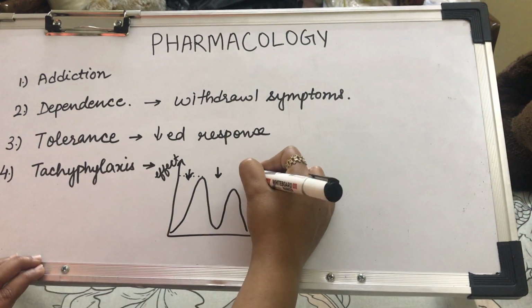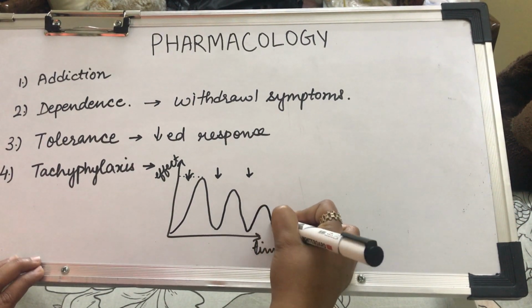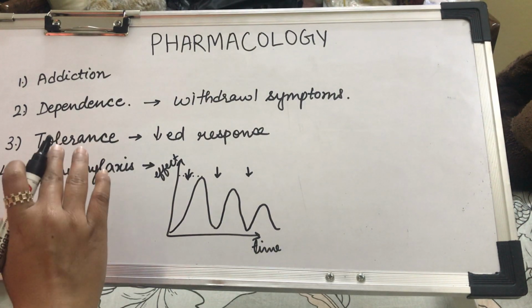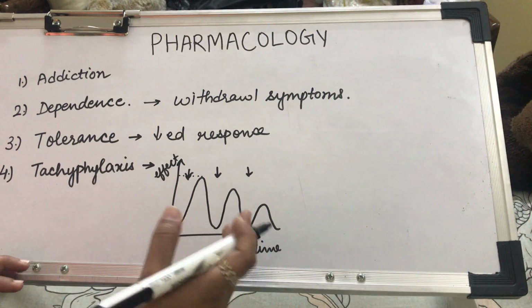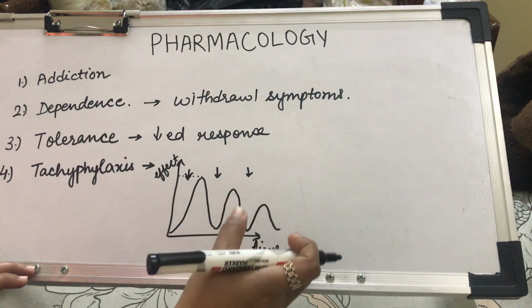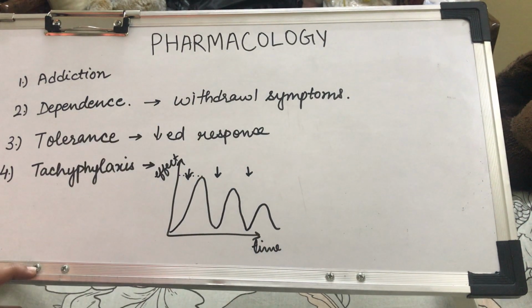Then you take the same amount of the dose, and your effect is further reduced. So the sudden decrease in response to a drug after its initial administration, or rapid and short-term onset of drug tolerance, is tachyphylaxis.